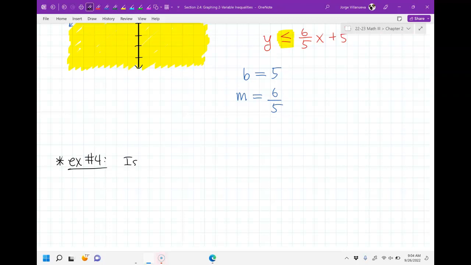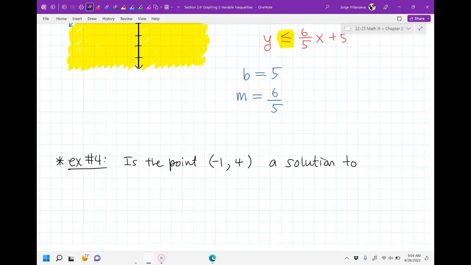So, is the point, I don't know, someone give me a point. Give me 2 numbers. Not too big. 1 and 4. Okay. And you know what? Let's make it a negative 1, 4, just to make something negative.